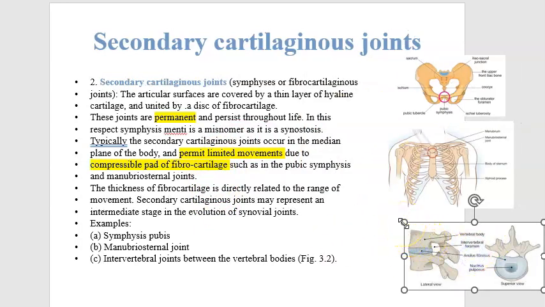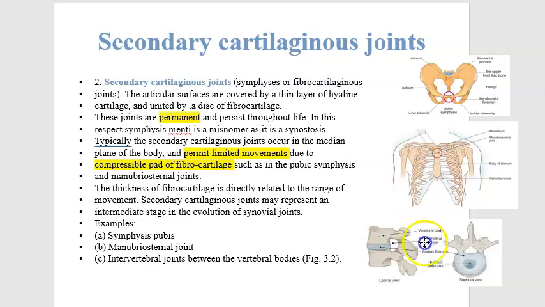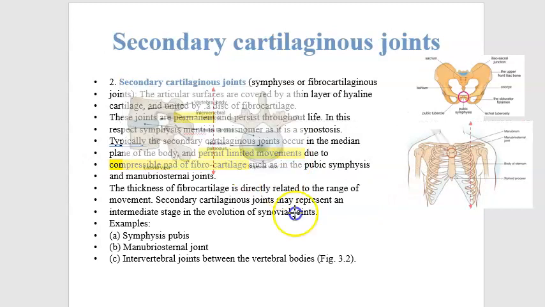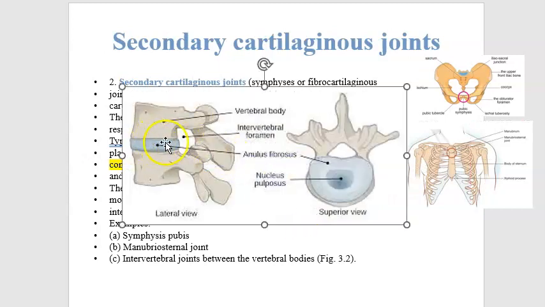And then you have intervertebral joints between the vertebral bodies. This is a secondary cartilaginous joint. This will always be like this only. If it fuses and becomes bone later, what will happen? Then we cannot move.